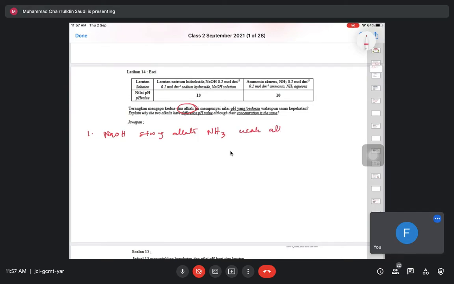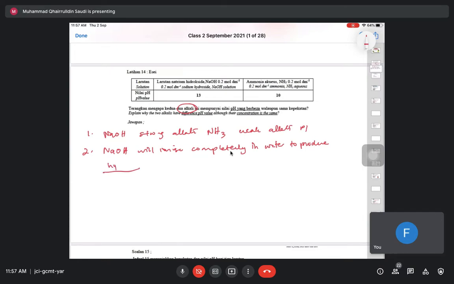First point, easy. Second one, we talk about what is the meaning of strong alkali. So sodium hydroxide will ionize what? Good. Completely in water. Always remember to write in water. In water to produce what? We're talking about alkali, so what ions should we talk about?